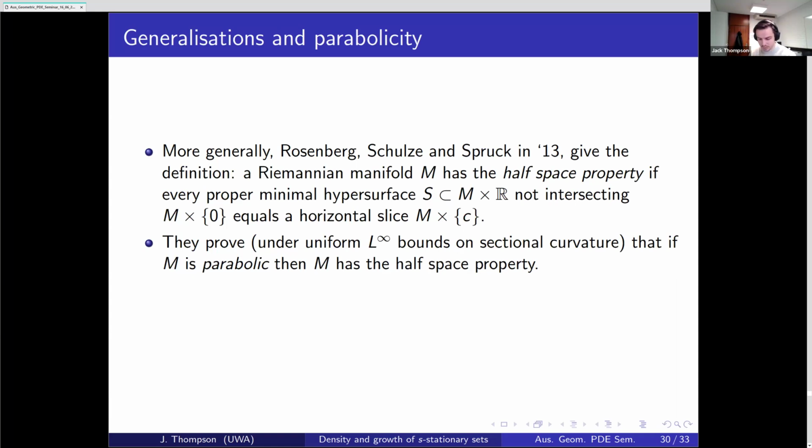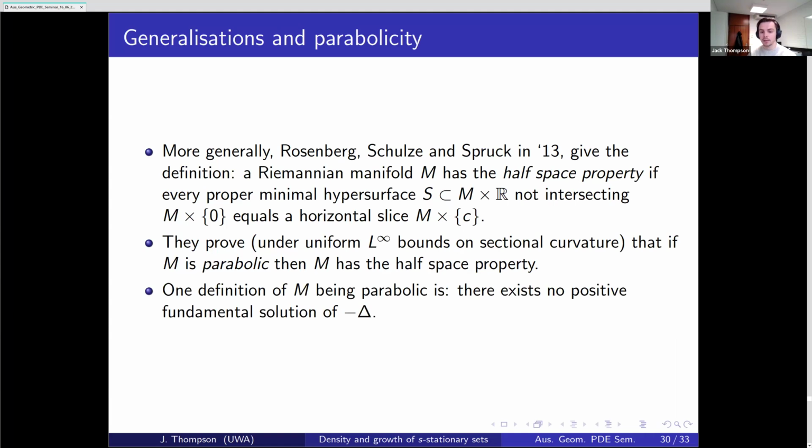Okay. So what does parabolic mean? Well, there are many equivalent definitions, but one definition is there is no positive fundamental solution of minus the Laplace-Beltrami operator on M. Okay.